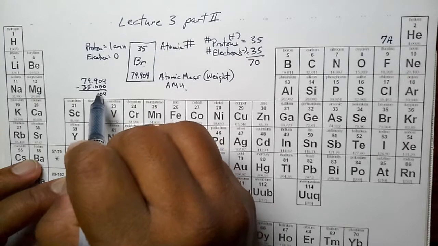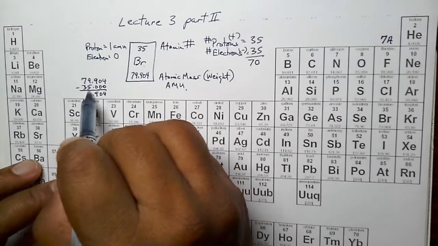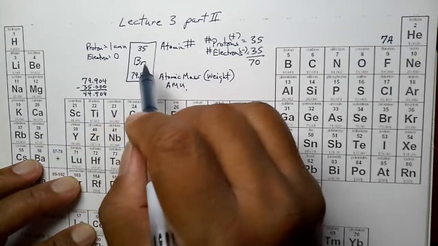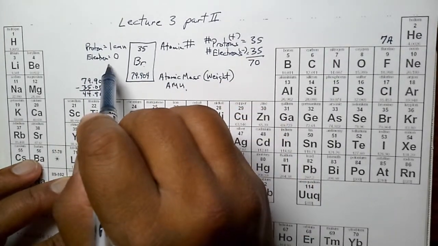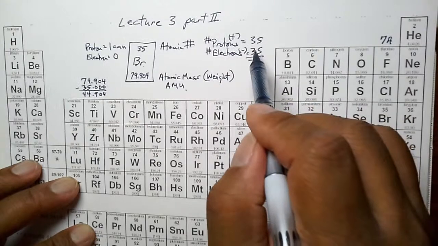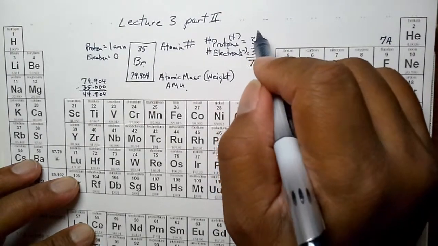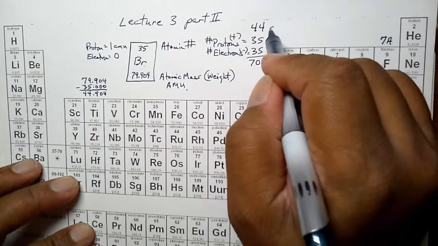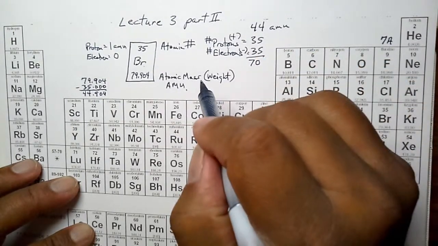Okay, we can fill in these. This is 4 and this is 4. So that means that we have 44 atomic mass units unaccounted for.